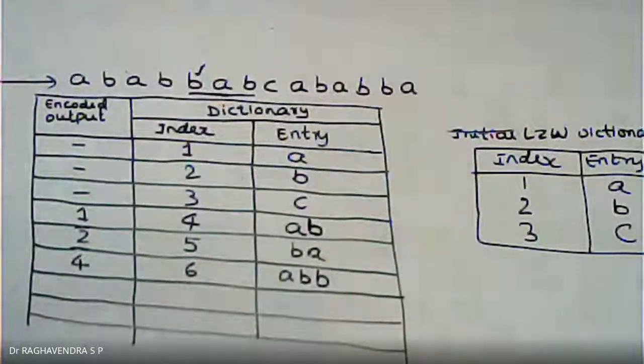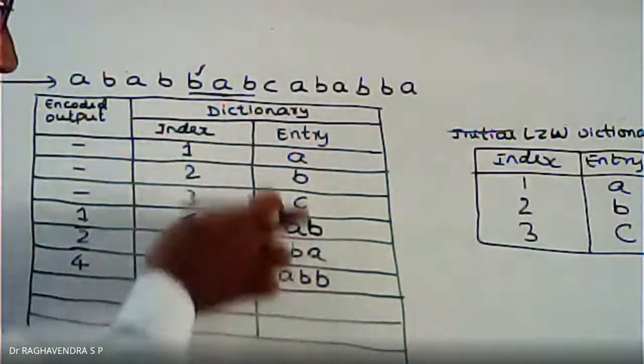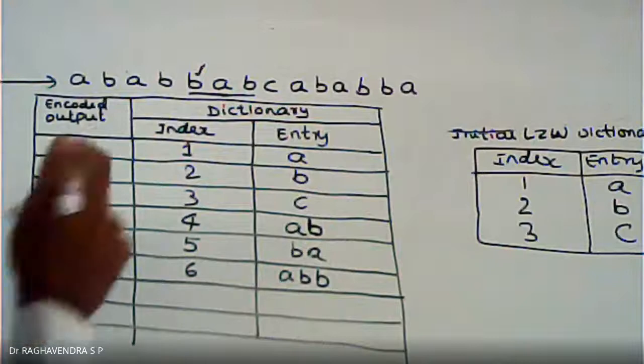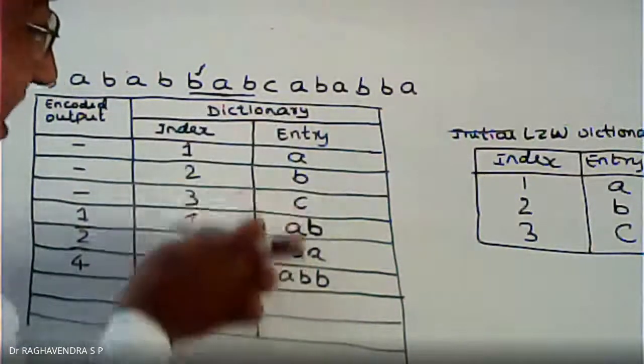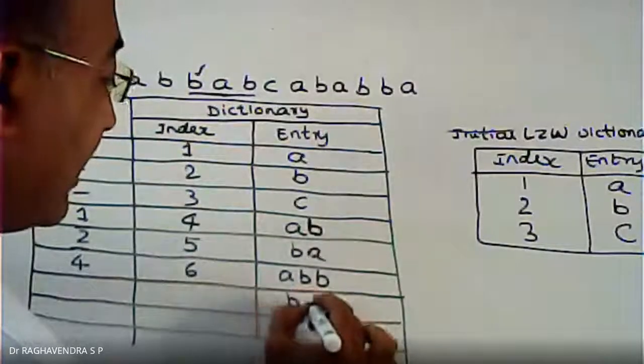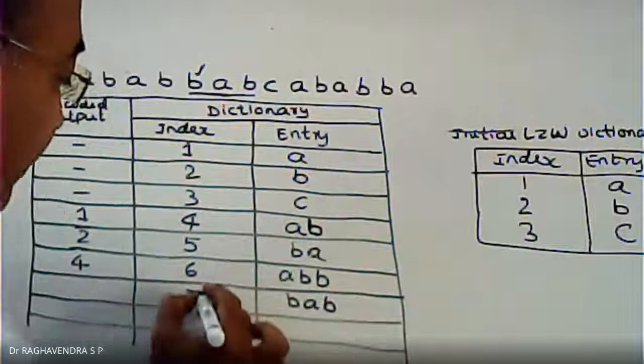Whether BAB is already present here? No. Now we have to enter that. B, A, B, so this is the 7th entry.